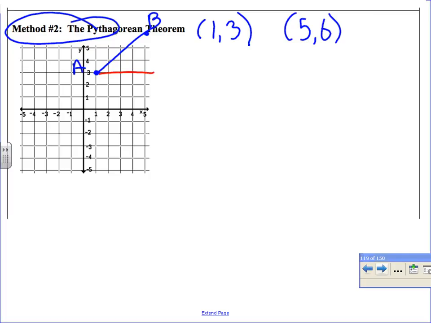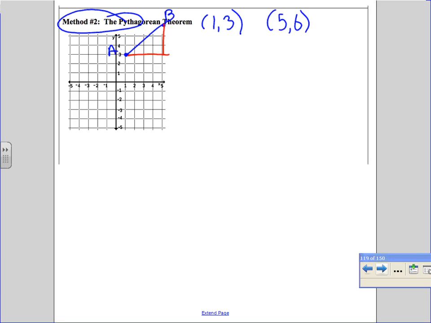If we make a triangle, whoops, out of this, how long is the base of the triangle? How long is the base, Camille? Good, 4 units. How many units is the height of the triangle? Kevin? Awesome. So we're going to use the 2 legs, which are 4 and 3 units. Yes, they are exactly that.